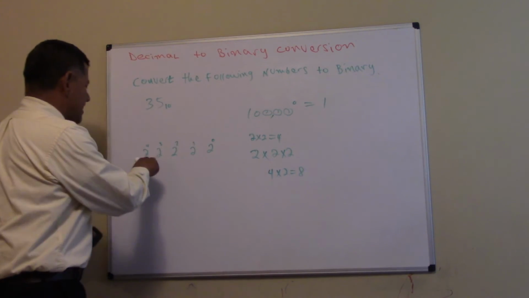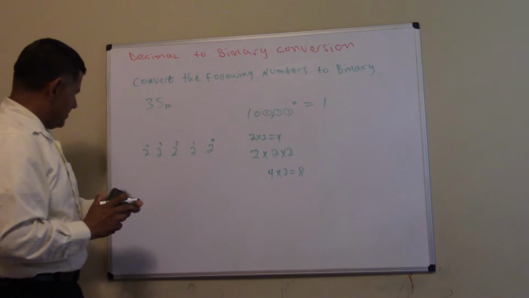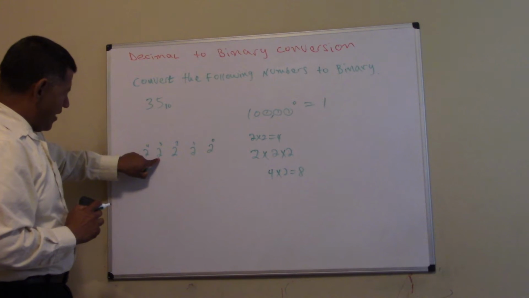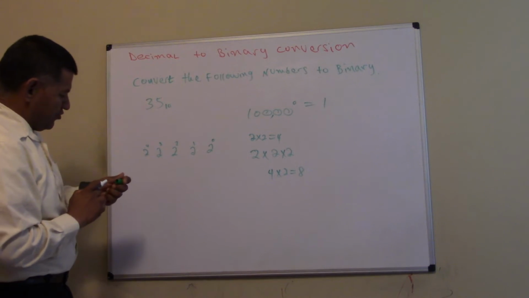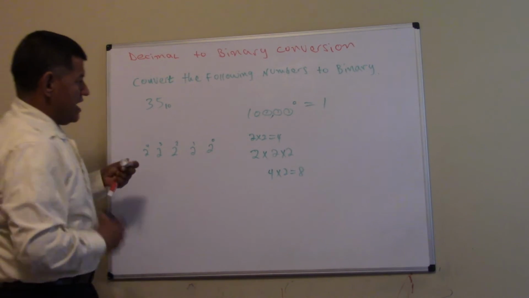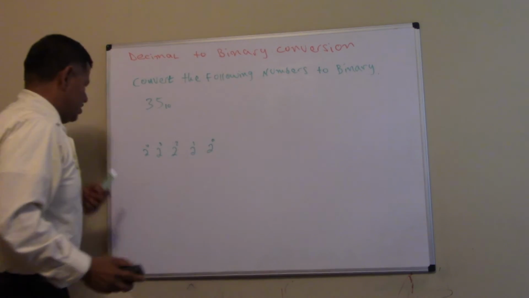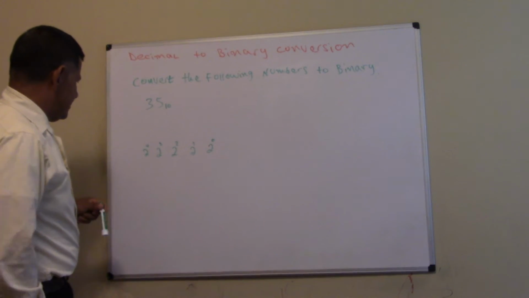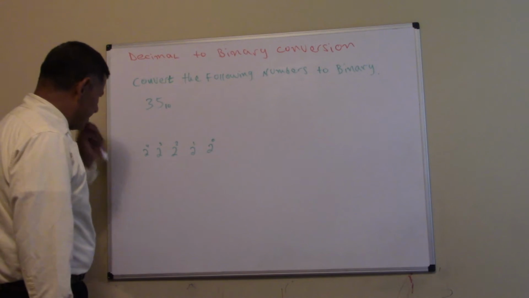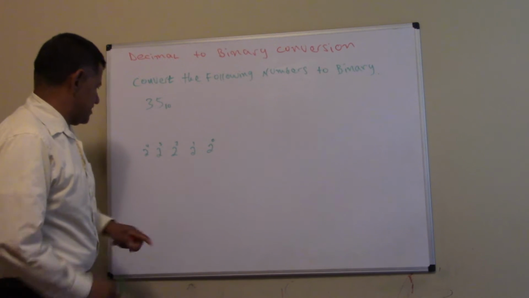That's how we get 8 in this power, 2 to the third power, right? Now that we know this, let me just do a little quick. So, now we know how to do that, right?